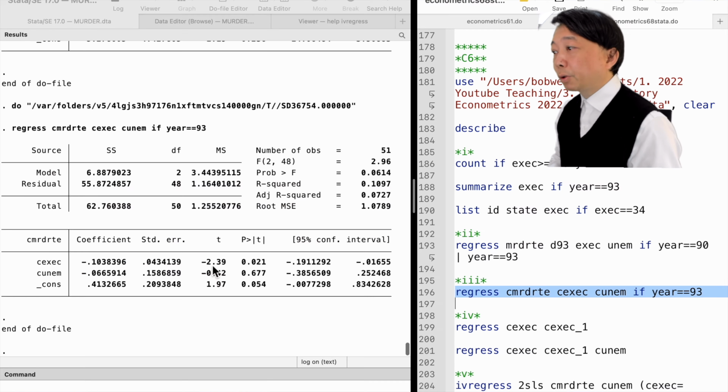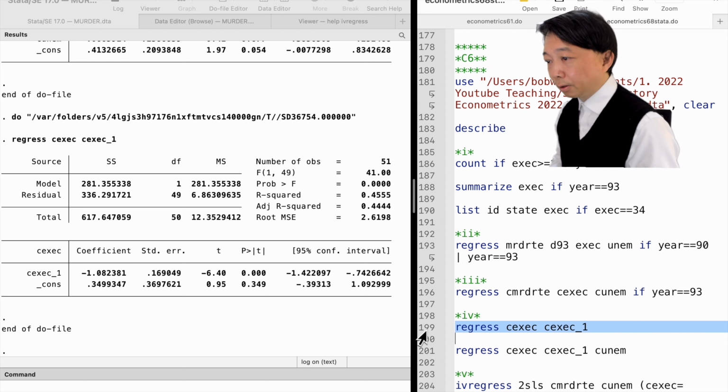We regress the change in execution on the first lag of it and find that the slope coefficient is statistically significant. We can add the change in unemployment to the model and estimate the reduced form equation for delta execution.